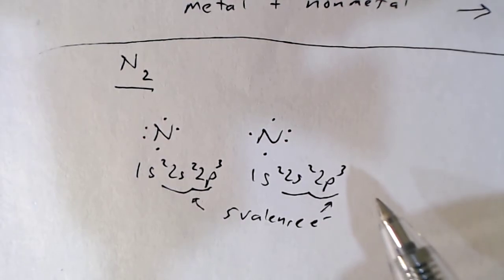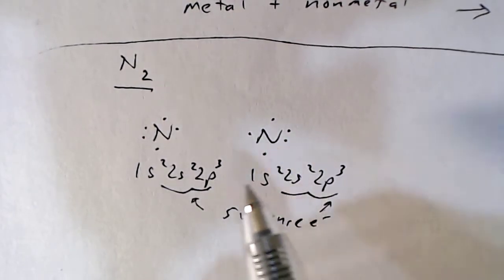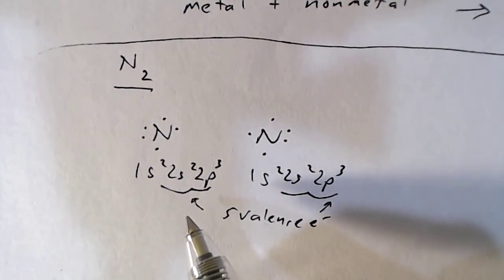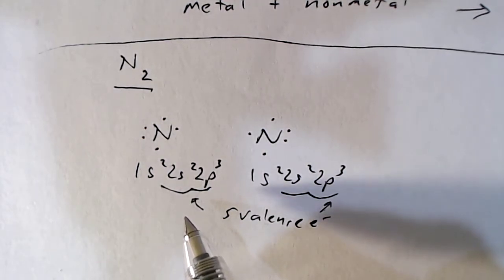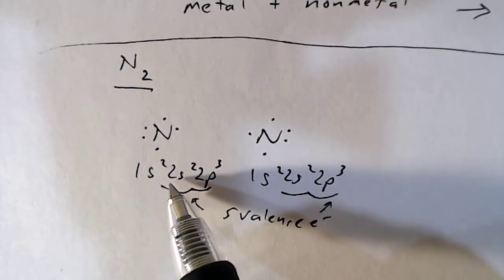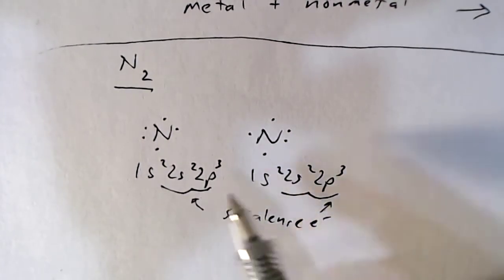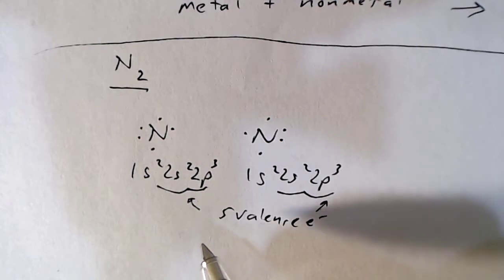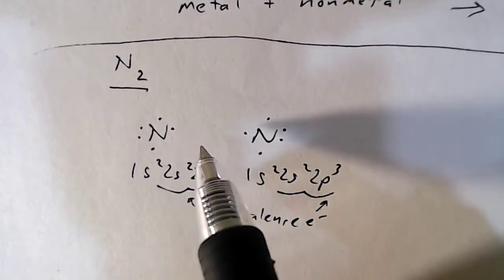So these are not yet stable. They want to have just as many electrons as the most nearby noble gas. They can become much more stable if their electron configuration ends in 2s2, 2p6. So they can do this by sharing electrons.